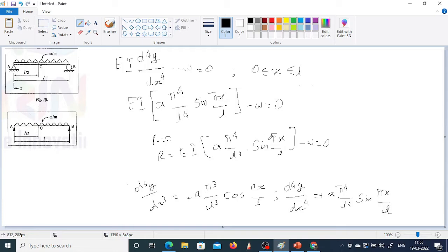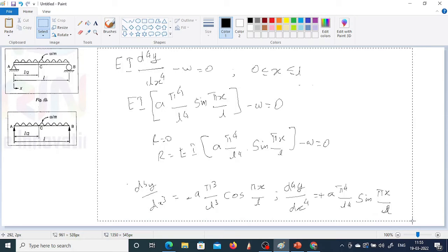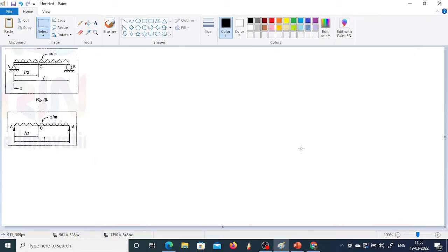After that, this problem can be solved by the point collocation method. I'll show you how to solve this problem with the point collocation method.